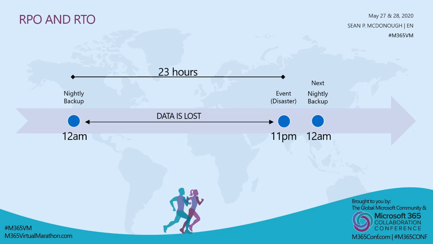And those decisions oftentimes come down to dollars and cents. And I've had many a conversation with people. Lots of folks have wanted the platinum standard DR plan: real-time recovery, no data loss or virtually zero data loss.